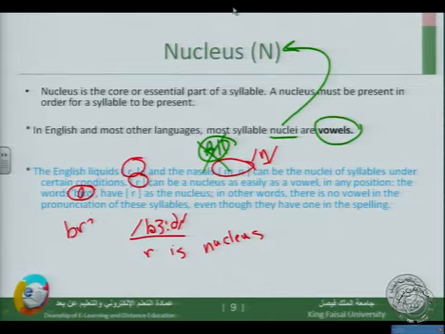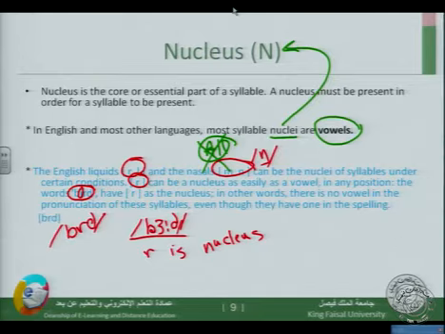Bird. Okay, so sometimes R, L, M, N and ing can be a nucleus for some syllables under certain conditions, but almost all nuclei are vowels. Okay, so we have a generalization and we have an exception، استثناء.